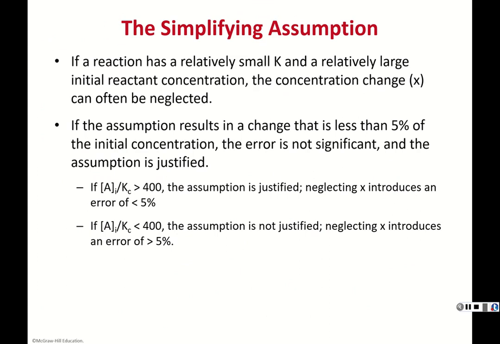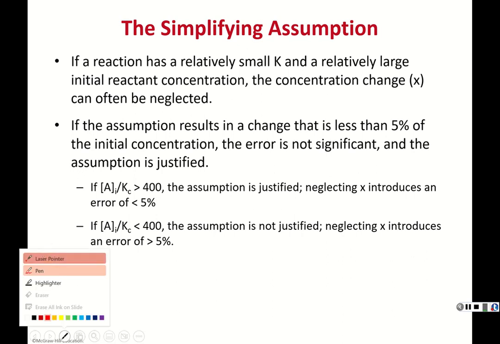Okay. So there are other times when these types of problems become much more difficult to solve, and it turns out it gets much easier when you use simplifying assumptions. If a reaction has a relatively small K, let me switch back here to the laser pointer.